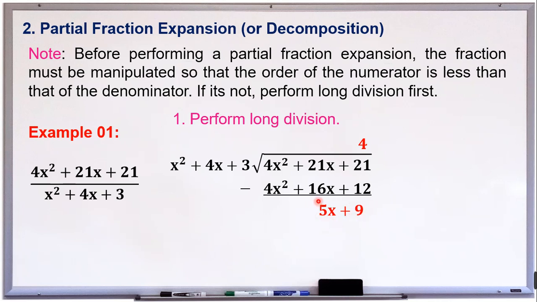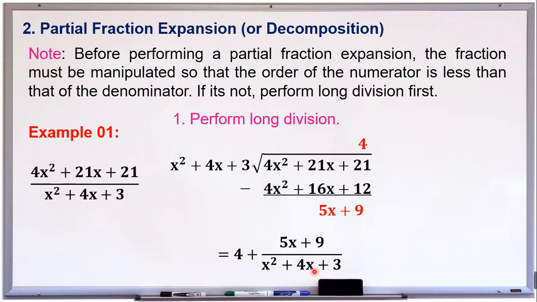Notice that the expression of our remainder has a degree that is lesser than our divisor. So therefore, we can write the answer from our long division in this form. We have 4 plus the remainder all over the divisor, that is x squared plus 4x plus 3.